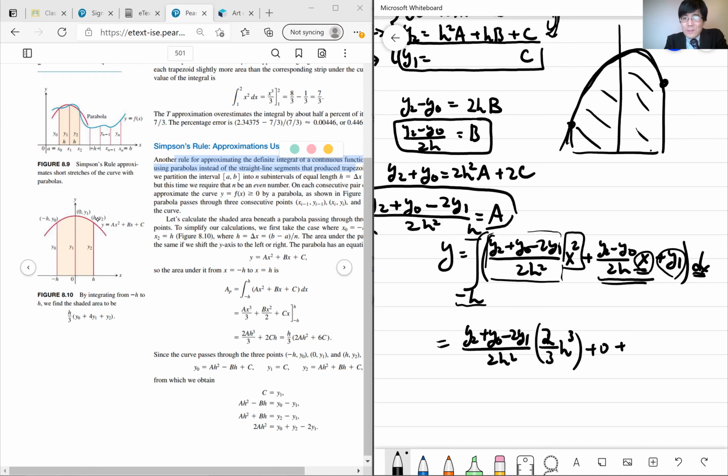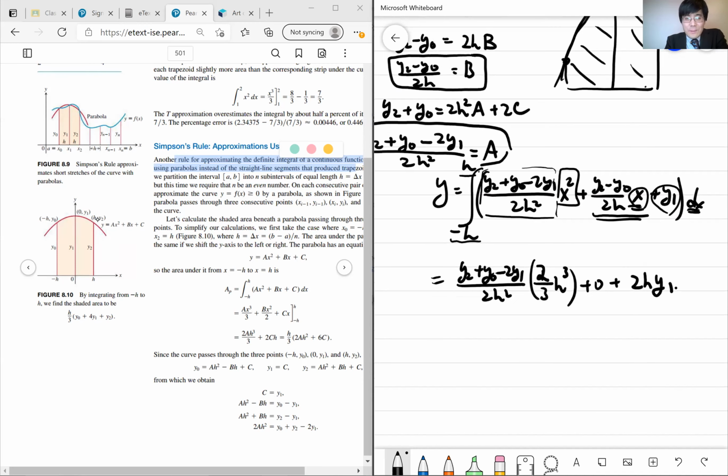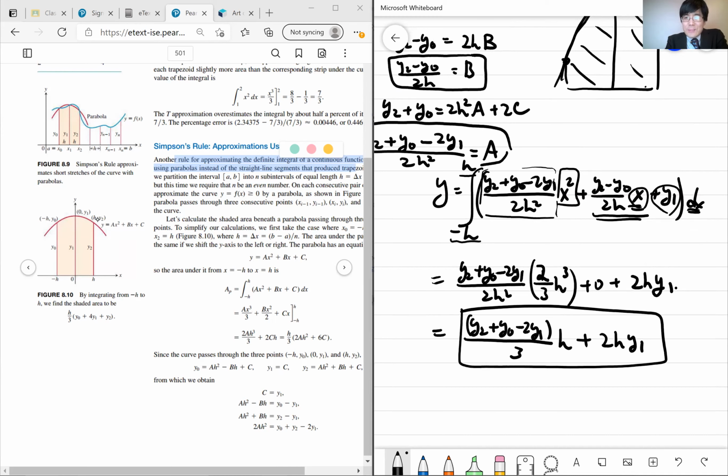And when you integrate the constant, you get 2h times y1. Okay, so let's simplify this expression. It's going to be one third of y2 plus y0 minus 2y1 times h, plus 2h y1. So that's the area here. h is basically delta x.